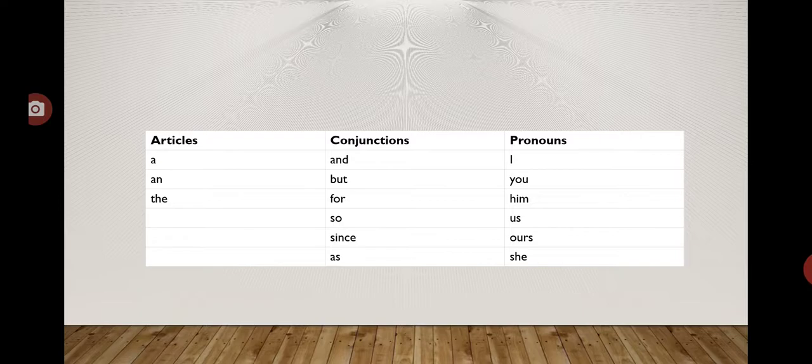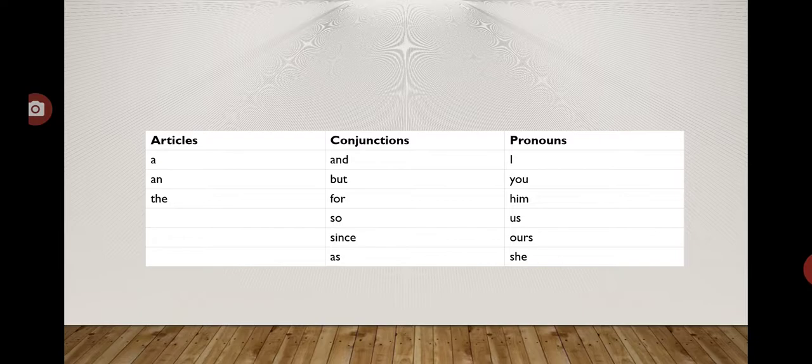We have different examples like a, an, and the. All of you are familiar with articles. Conjunctions, how you connect a sentence: and, but, for, so, since, as. Pronouns: I, you, him, us, ours, and she.